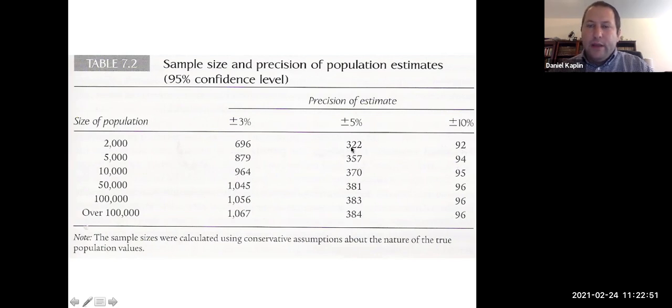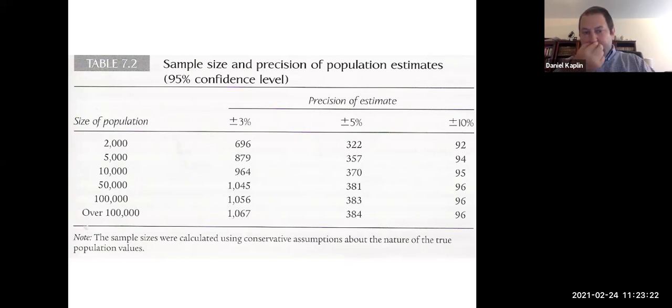If you want to reduce that margin of error, it goes to 322. If you want to reduce it further, it goes up to 696. It remains true that as the population increases, your sample size increases, but as the precision of the estimate increases, the sample size also has to increase. So the margin of error drops.